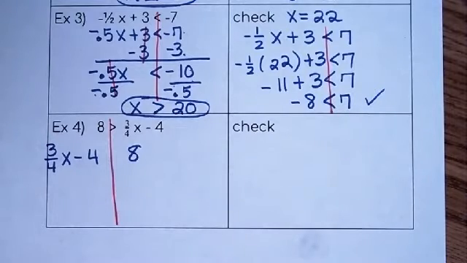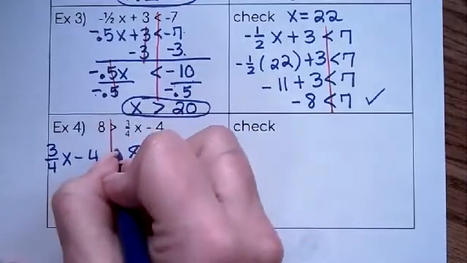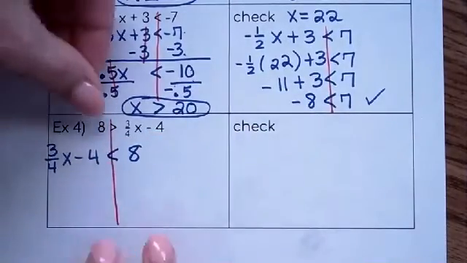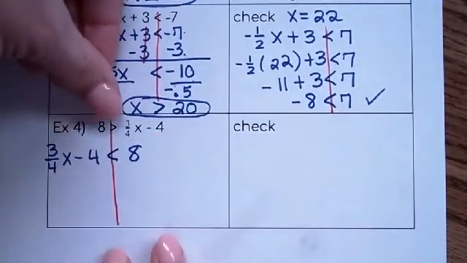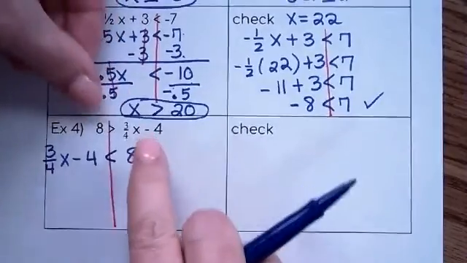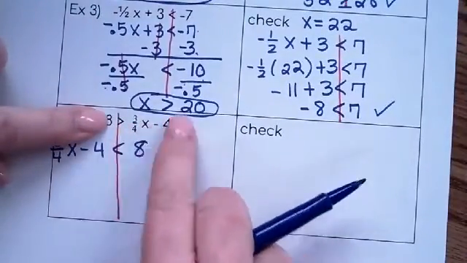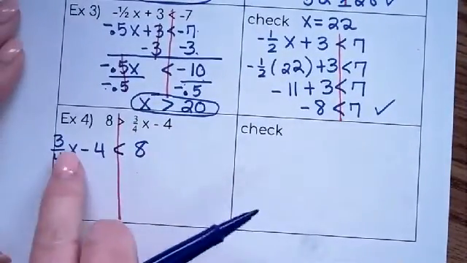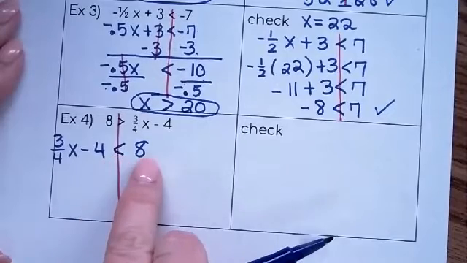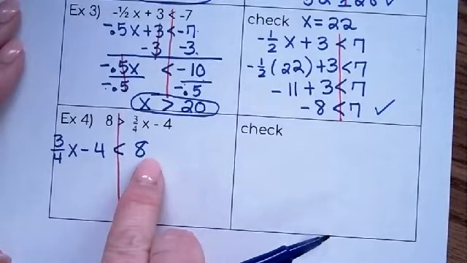But when I flip-flop the sides, I've got to flip-flop the inequality, okay? Because just think about right here. It's saying 8 is larger than all of this. Well, if 8 is larger than all of this, then all of this has got to be smaller than 8, okay?